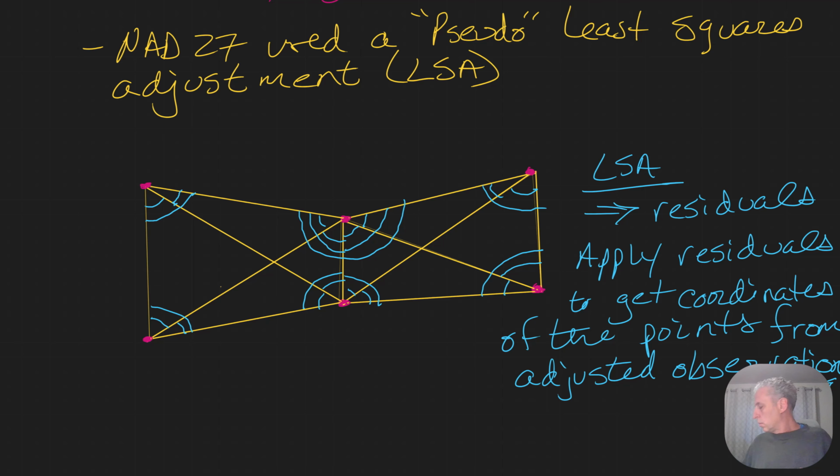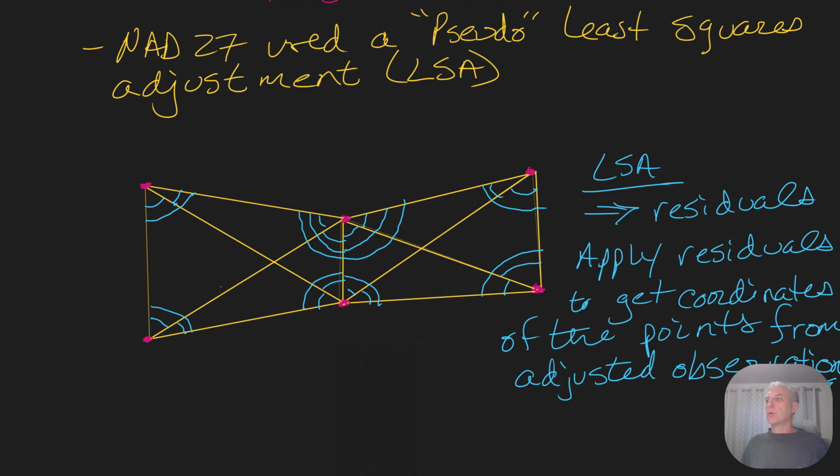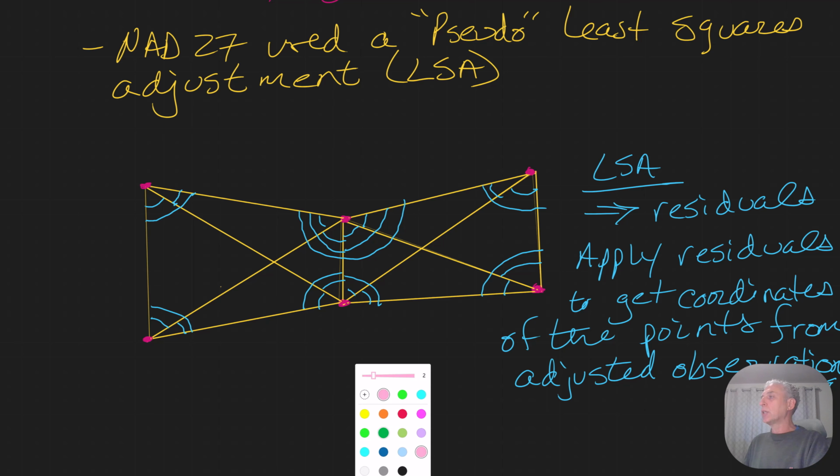Now, we might point out that oftentimes, well, anytime really in a survey, we would need to start from two known coordinates so we can calculate a bearing between them. Those are called baselines. Let's see, so let's say the end lines are our baselines.